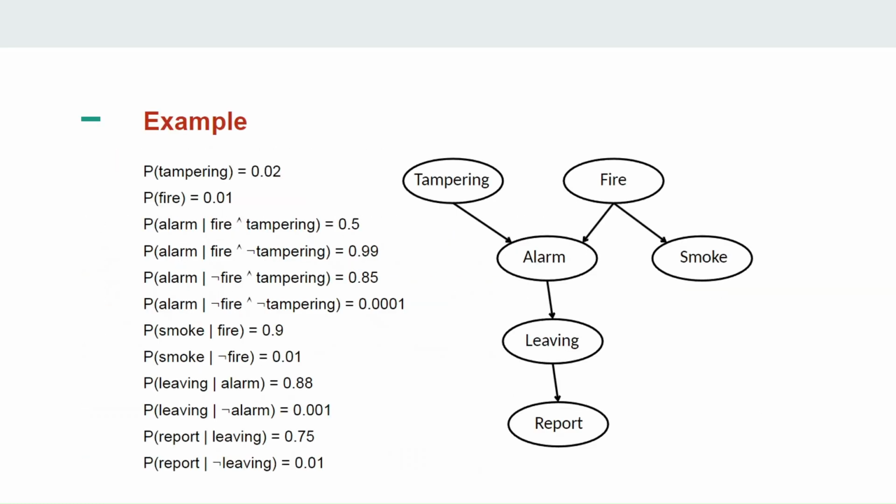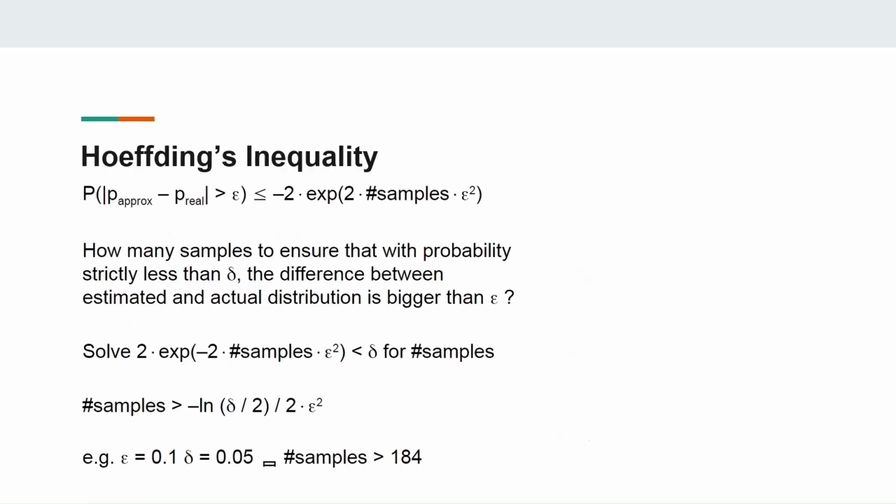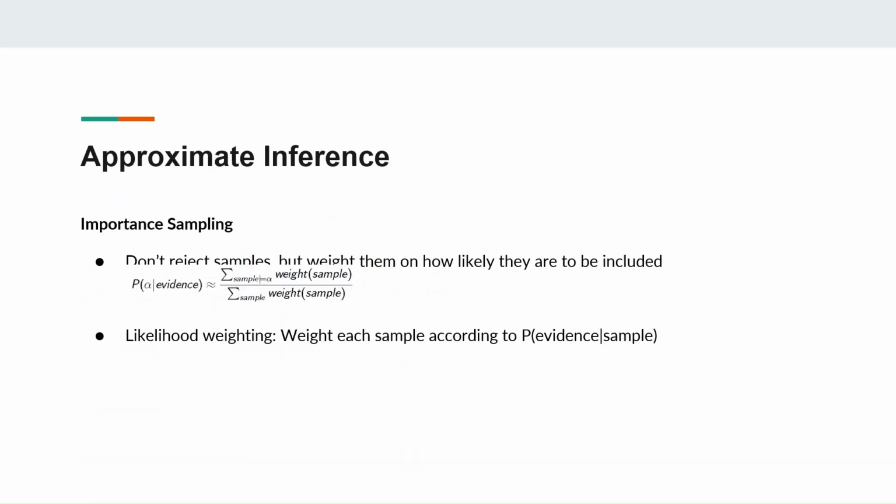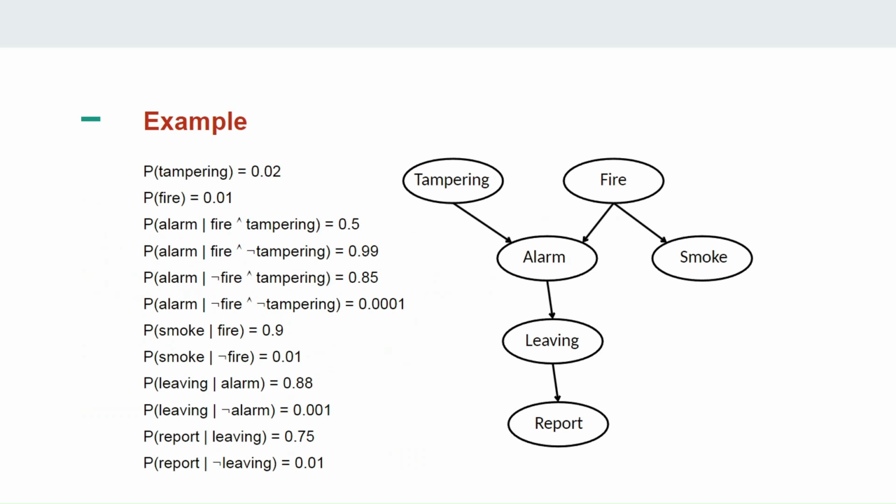Now, let's take an example, because this is important. For simple forward sampling, let's take this network as an example, right? Let's say I just want to calculate the probability of report. That's all I care about. What's the easiest way to calculate the probability?